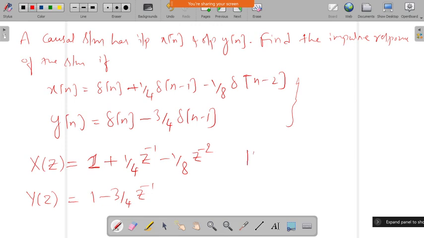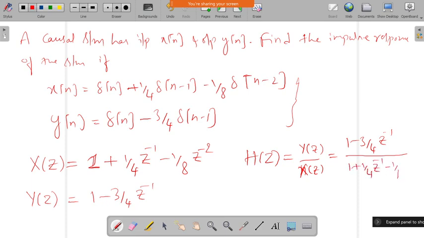So, now we can find H(z), which is equal to Y(z) divided by X(z), which is 1 minus 3 by 4 z inverse divided by 1 plus 1 by 4 z inverse minus 1 by 8 z power minus 2.